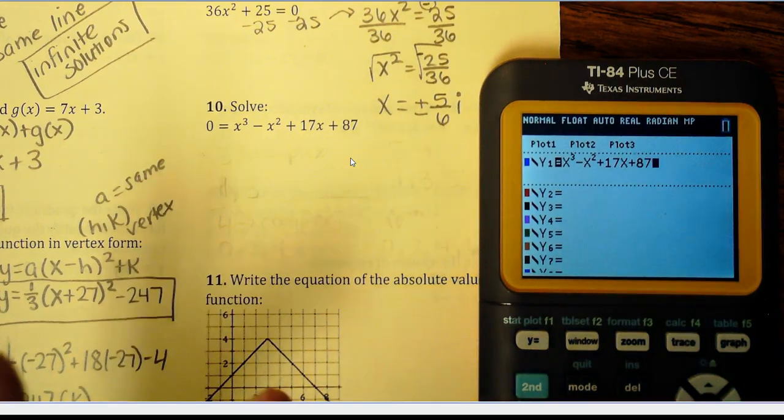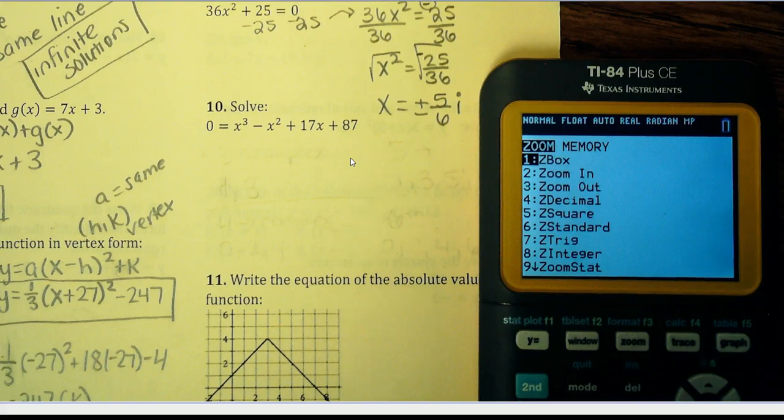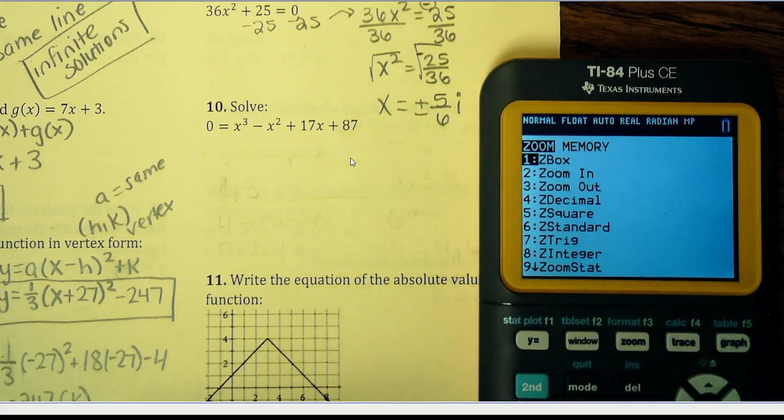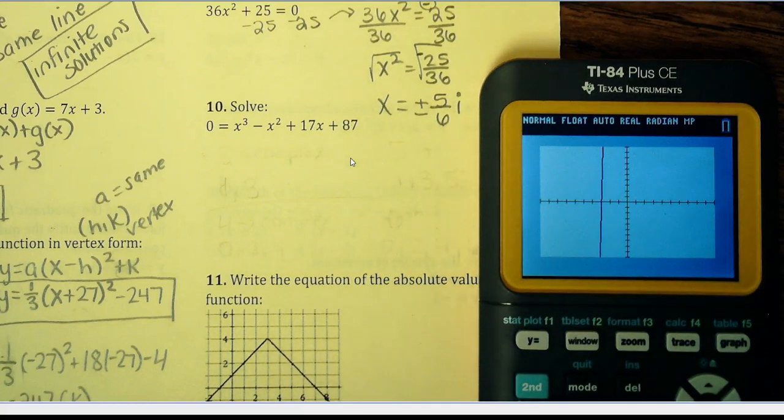Now, if I don't know, what I might do just real quick before I graph this, I'm going to hit the zoom button. If you hit number 6, that'll take zoom standard, that'll give you a negative 10 to 10 for X and Y window, just like the default the graphing calculator comes with.